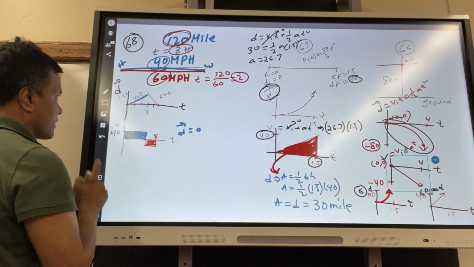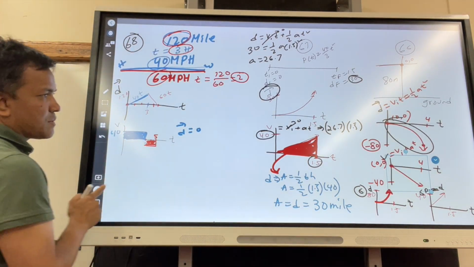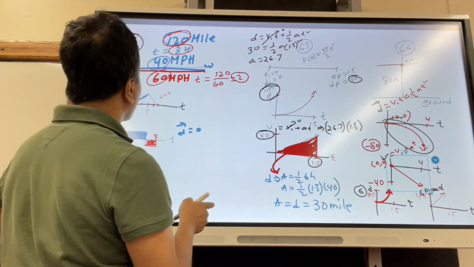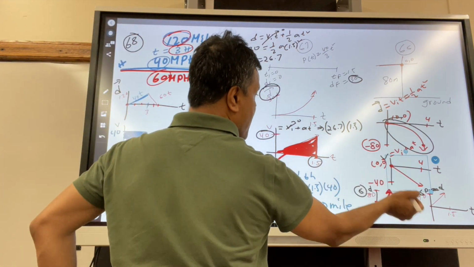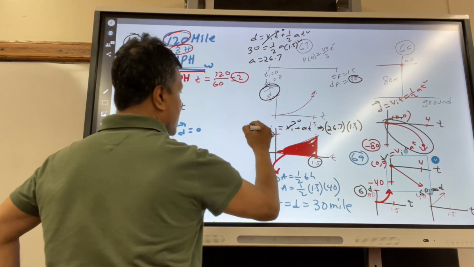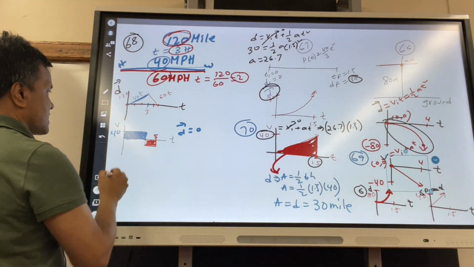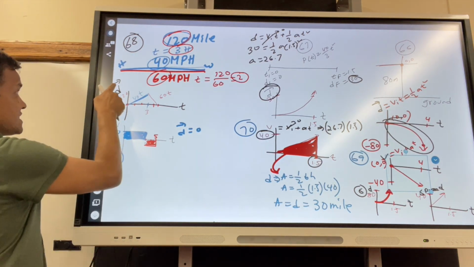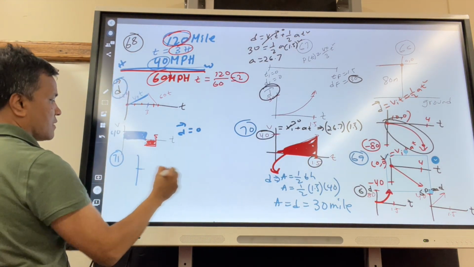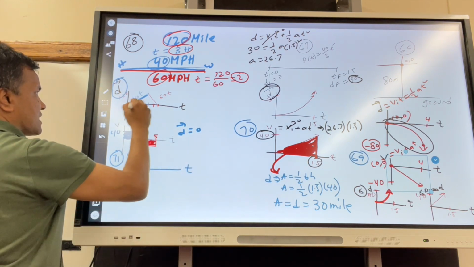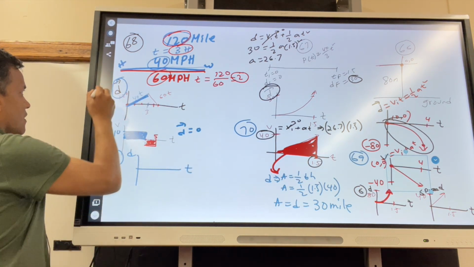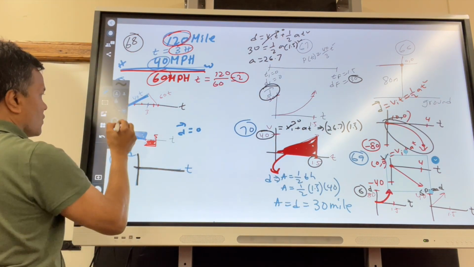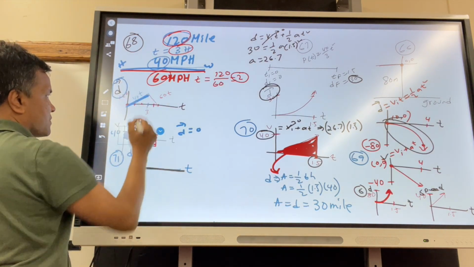All right, now we're going to find this one. This is problem number 69, this one is 70, and this one is 71. For 71, we want to take the distance versus time graph, so we take the absolute value of the blue.